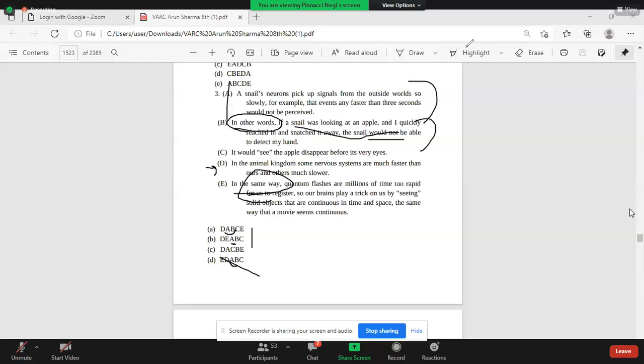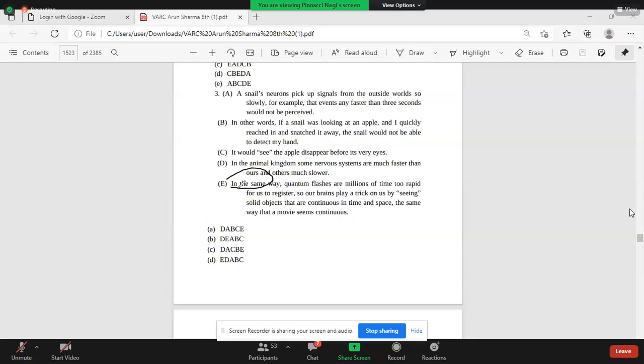Now tell me, how do these two form a mandatory pair? Many of you gave me C as the correct answer. In the animal kingdom some nervous systems are much faster than others. In the same way quantum flashes are millions of times too rapid for us to register. So brain plays a trick on us by seeing solid objects. Here "in the same way" means this is idea reiteration.